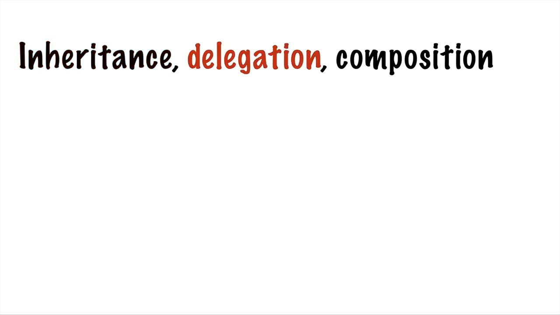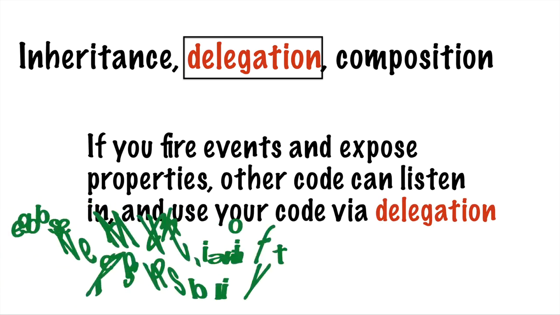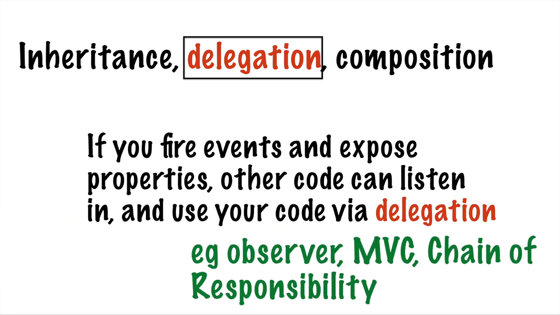The next mechanism for implementing classes that are open for extension is delegation. If you write classes that fire events or expose properties, then other classes can listen in and take appropriate actions when something changes. This phenomenon or this mechanism is called delegation, and it's used very, very widely in a whole bunch of important programming paradigms and design patterns.